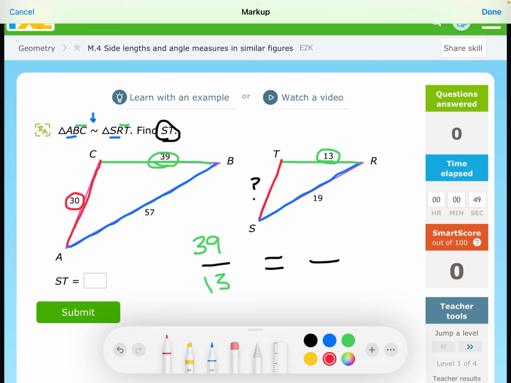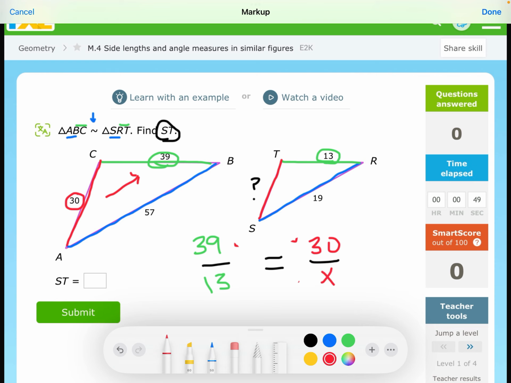Well, I know that on this triangle it was 30, and I used its other number of 39 on top of the fraction, so I'm going to write the 30 on top of the fraction again. Essentially, the top parts of the fraction should come from the same triangle, or the same shape, and the bottom parts should come from the same shape. Okay? Hopefully that makes sense. Which means that over here, I'm going to have x.